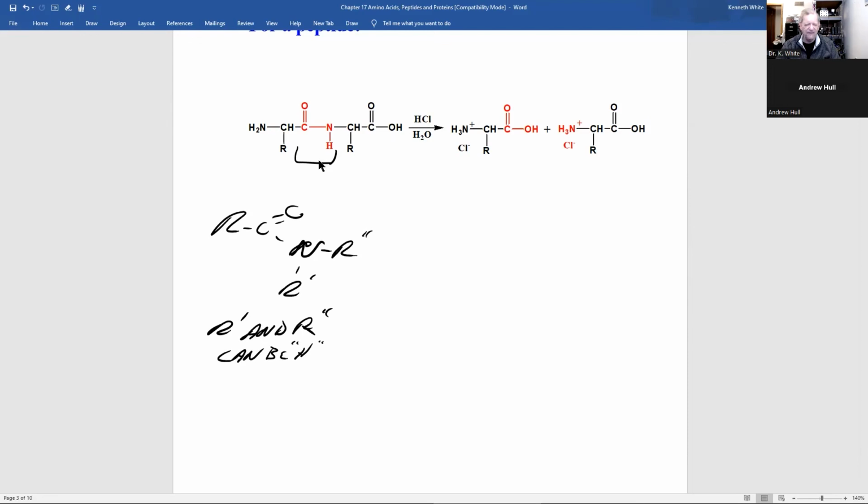R prime and R double prime can be hydrogen. And we add acid, HCl, that's what's in your stomach, water's in your stomach, and you get back the carboxylic acid plus the amine salt of the amine you would have used to make that amide.